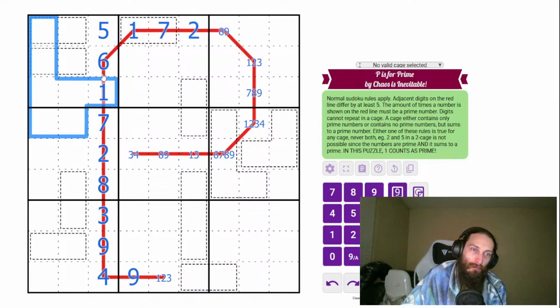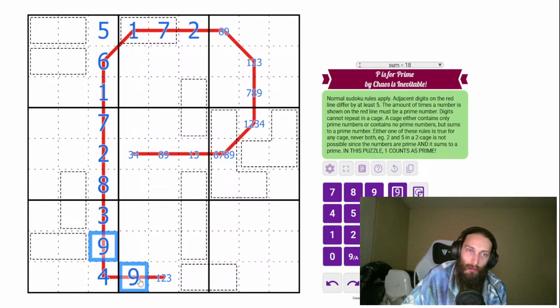Okay. All right, wait a minute. The amount of times a number is shown on the red line must be a prime number. Right now they're all prime.